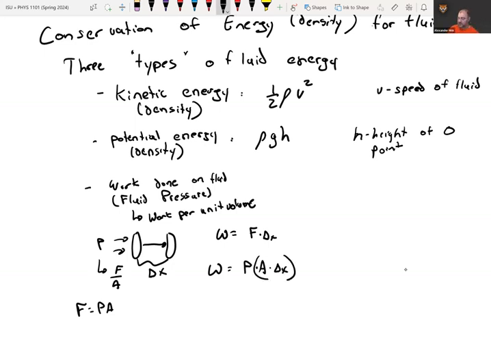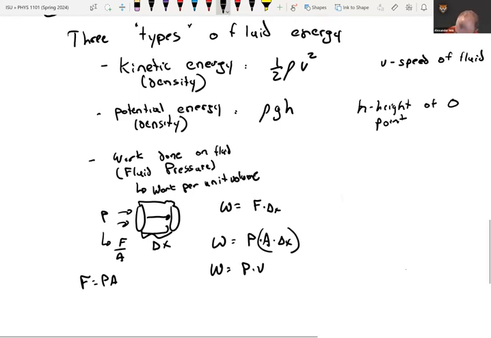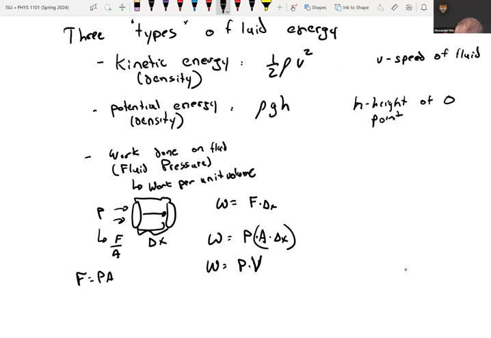Well, remember, this A delta x is just equal to a volume. So work is equal to pressure times volume, the volume of this little block that the fluid has moved due to the force of the pressure. And then we can say the pressure is the work per unit volume.